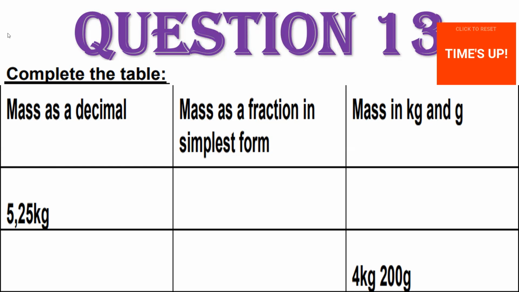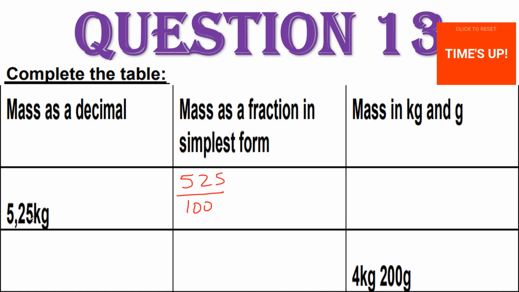So for this kind of question, mass as a fraction in simplest form, what can we do? 5.25, I can write like this, 525 over 100, because 525 over 100 is equal to 5.25.